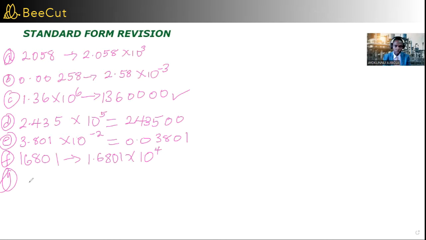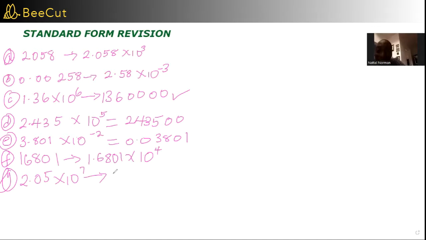If you want to change something like 2.05 times 10 raised to power 7 to ordinary form, what are you going to write? This is already standard form. You want to change it to ordinary form.